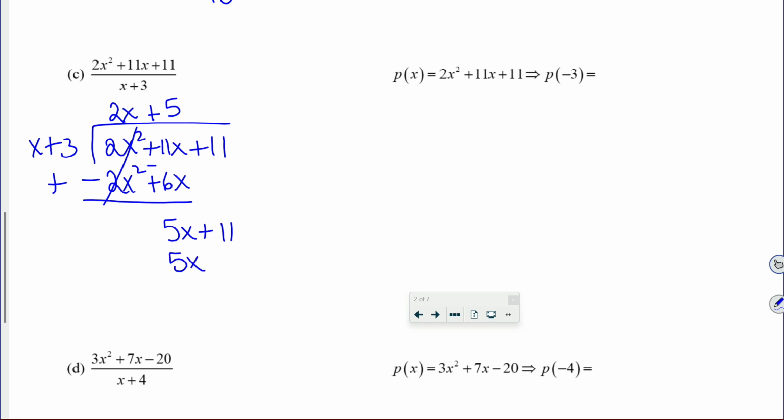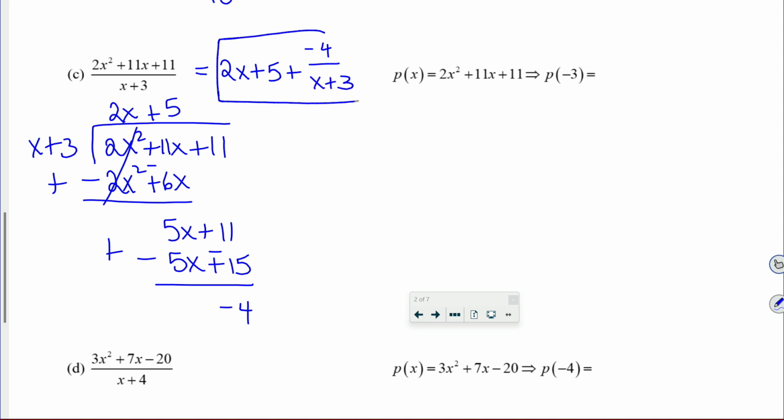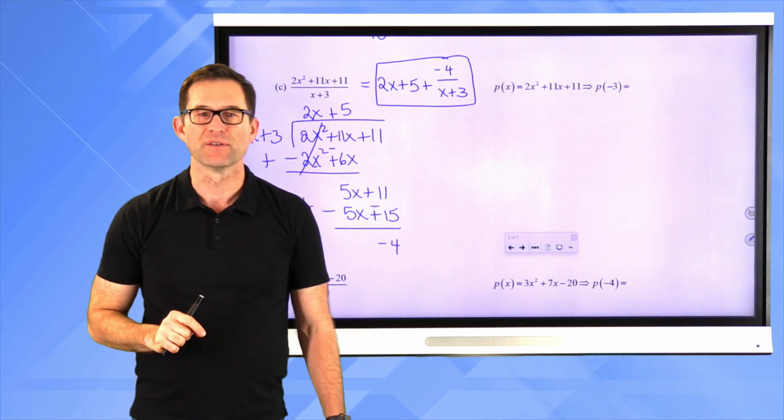That'll give me 5x plus 15. Again, negate and add. 11 plus negative 15 is negative 4. So all of this is going to be 2x plus 5. And then it's typically written as plus negative 4 divided by x plus 3. Or you could write it as minus 4 divided by x plus 3.